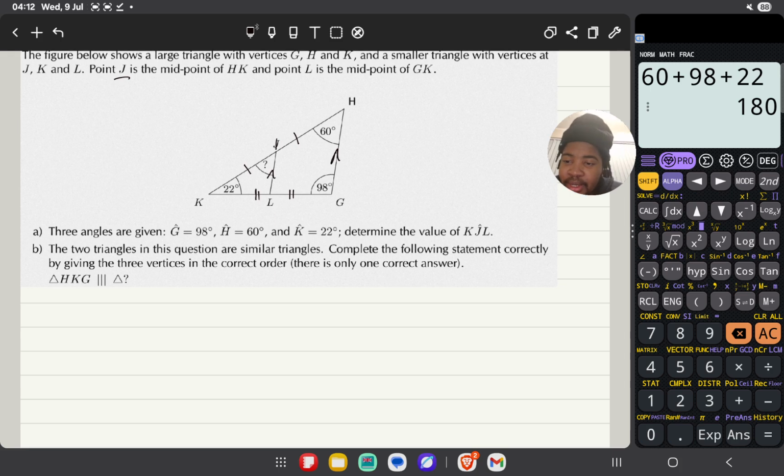And then now they asked a question to say the two triangles in this question are similar. And the reason they are similar, remember, is angle, and then corresponding angles, that's 2, and then corresponding angles, that's 3. So, complete the following statement correctly by giving the 3 vertices.